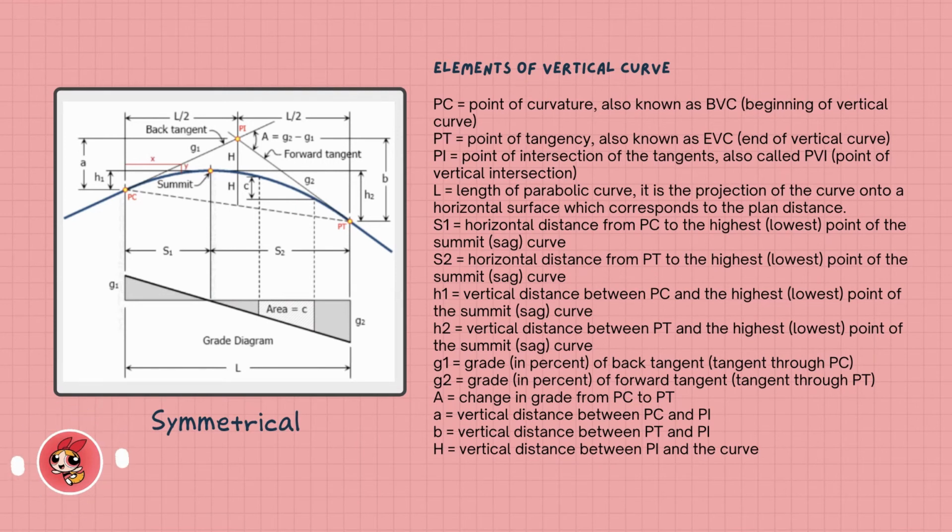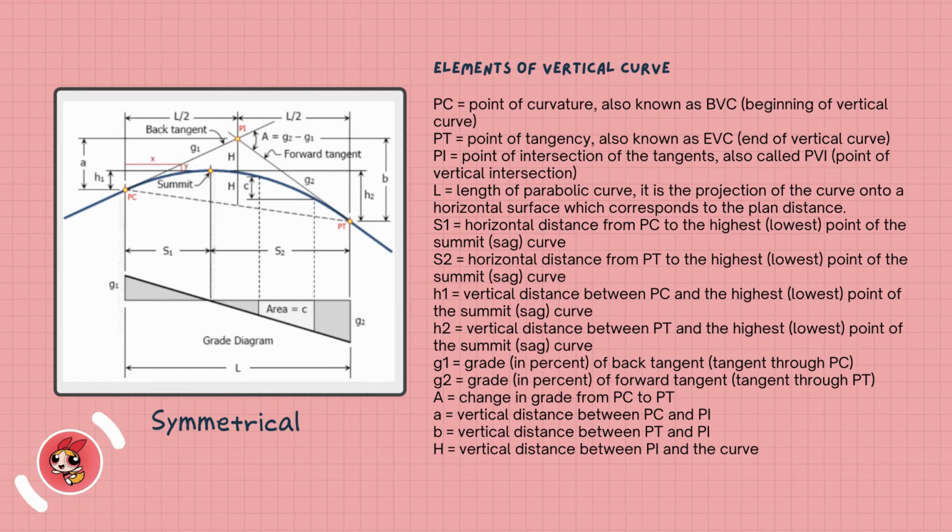S1, horizontal distance from PC to the highest point of the summit or sag curve. S2, horizontal distance from PT to the highest point of the summit curve. H1, the vertical distance between PC and the highest point of the summit curve. H2, vertical distance between PT and the highest point of the summit curve. G1, grade in percent of the back tangent, the tangent through PC.